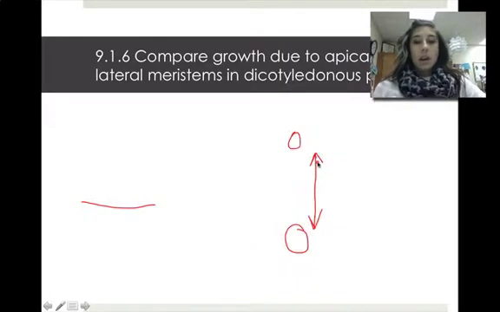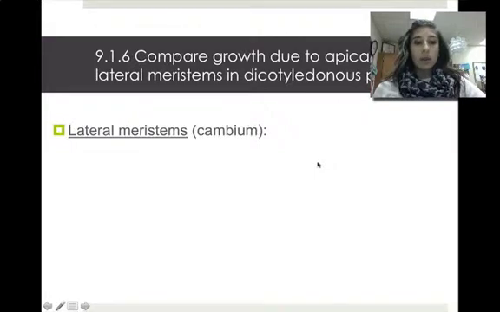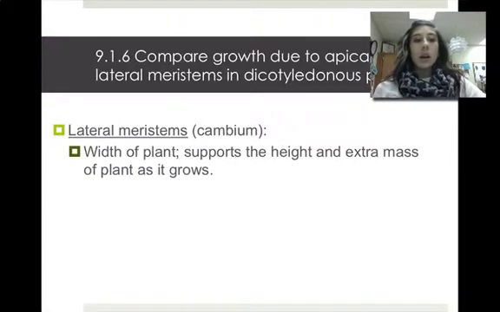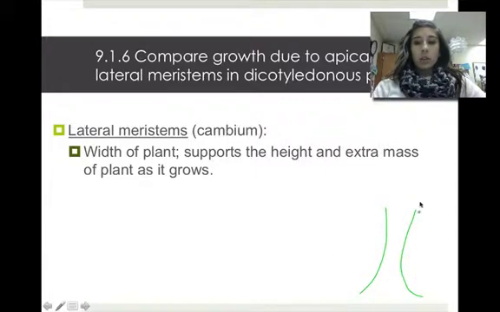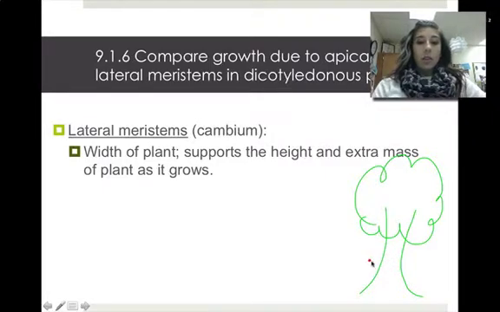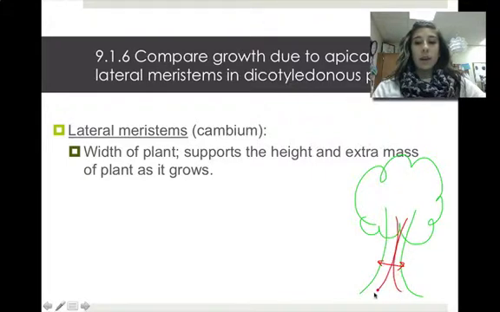Okay? And lateral meristems, or the cambium, are going to look at the width of a plant, especially when you consider a tree. When you are looking at a tree, that growth is going to be for the width. And we have lots of cambium type structures within that trunk, which is referring to that name.